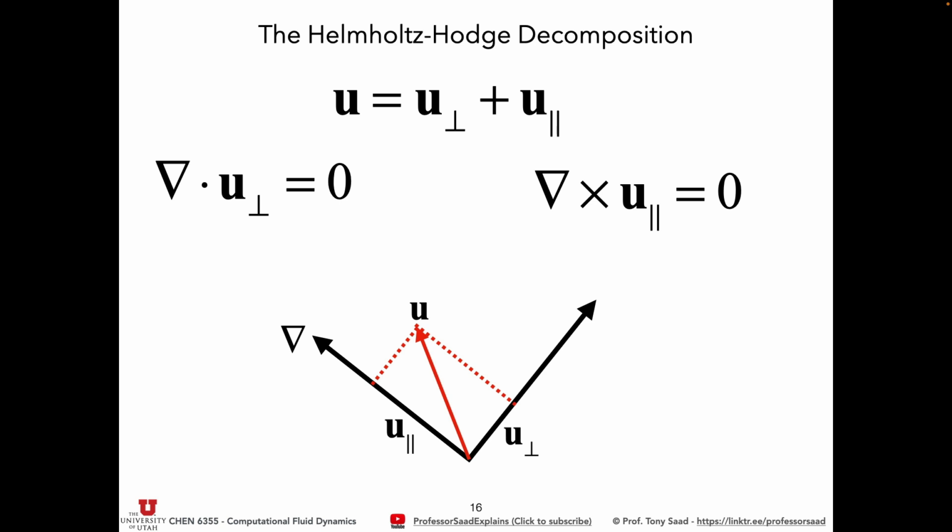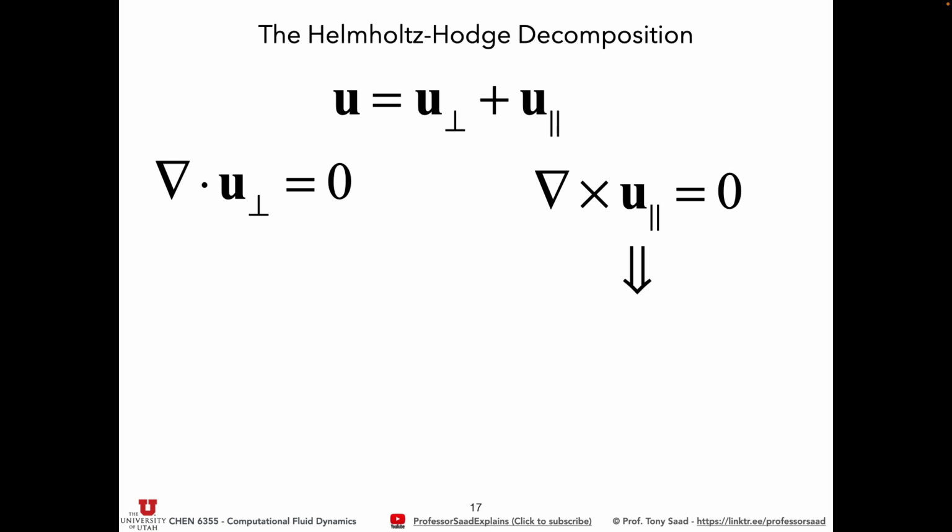This immediately means, when you think about vectors that are parallel and vectors that are perpendicular, that the cross product of u parallel and nabla is equal to 0, and the dot product of u perpendicular and nabla is equal to 0. Okay? Now, when the curl of a vector field is equal to 0, what does that imply on the vector field?